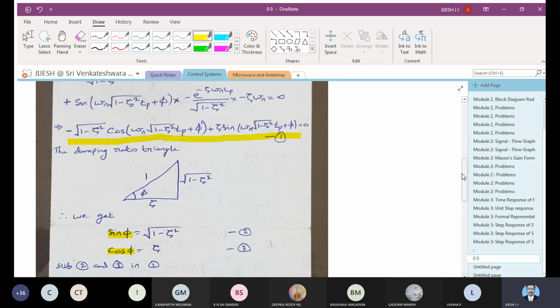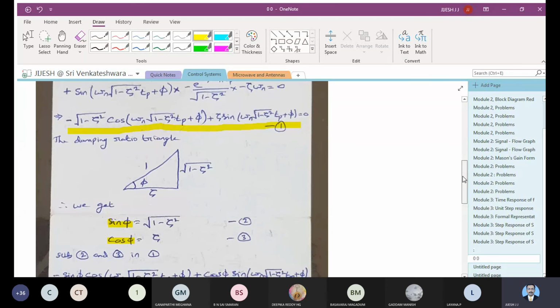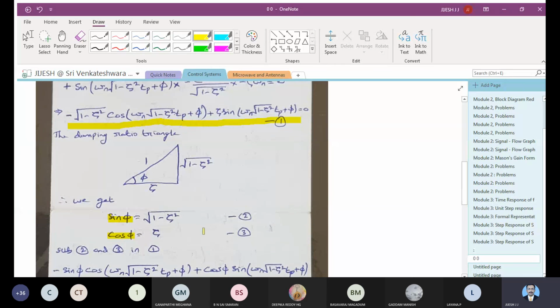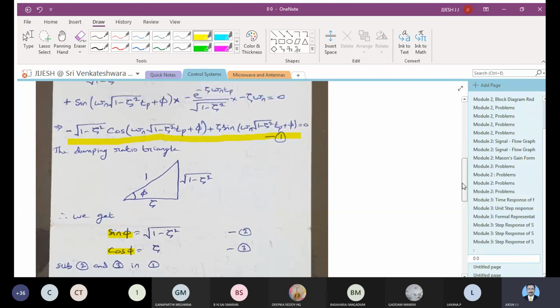Wherever root of 1 minus zeta square comes, you can replace it by sine phi, and zeta you can replace by cos phi. So you can just substitute these two things here.